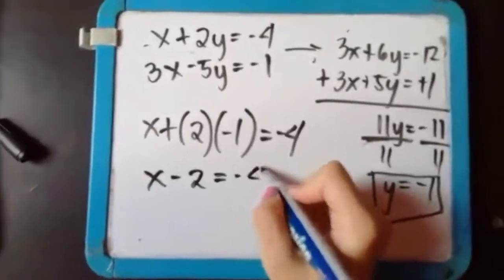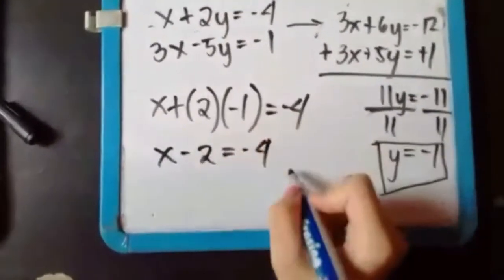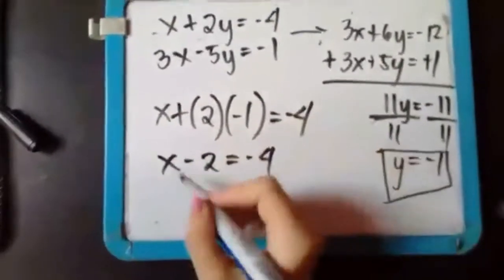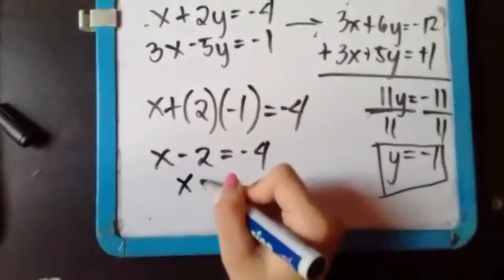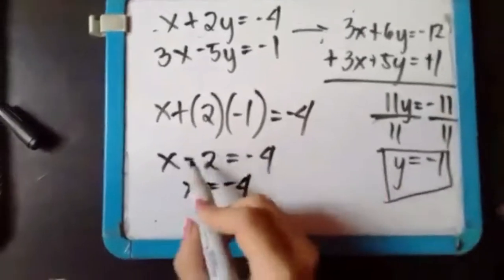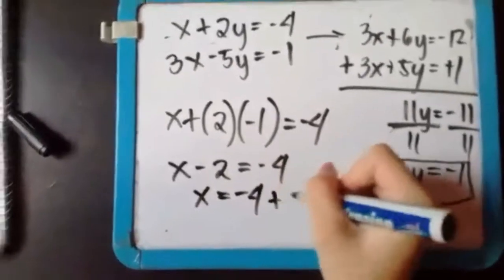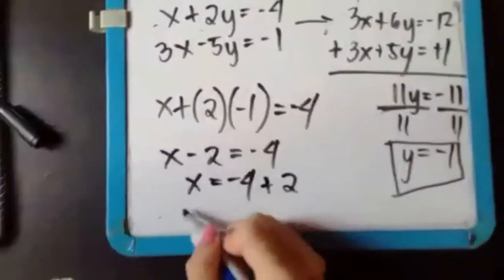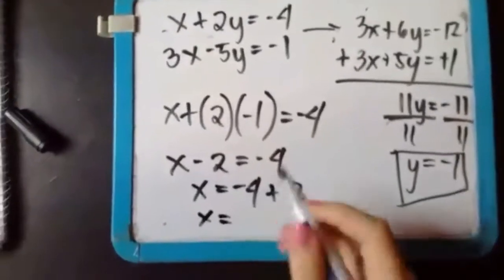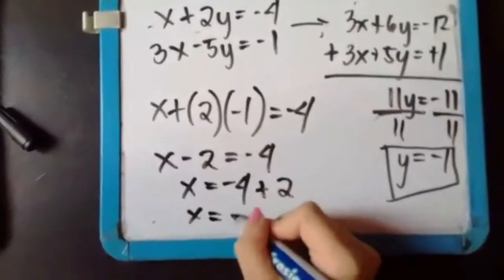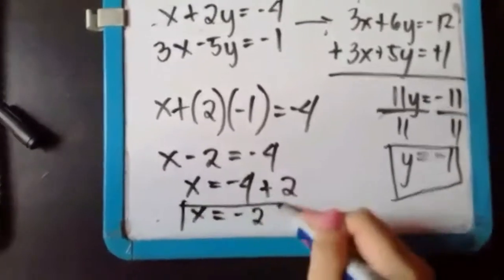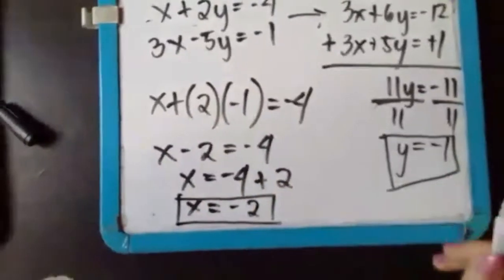We're going to transpose this to the right side, which will become x equals negative 4. Change the sign when you transpose, plus 2. So when you add this, x is equal to negative 2. So we already have the value of this system: y is equal to negative 1 and x is equal to negative 2.